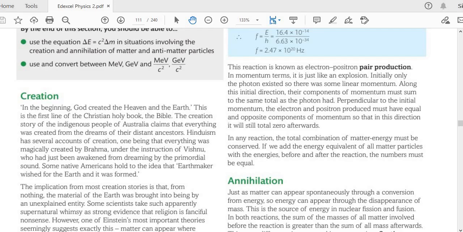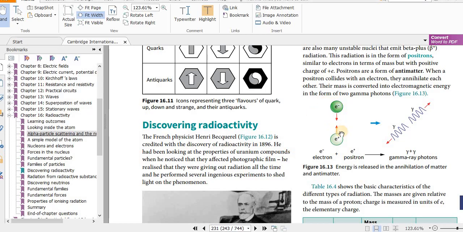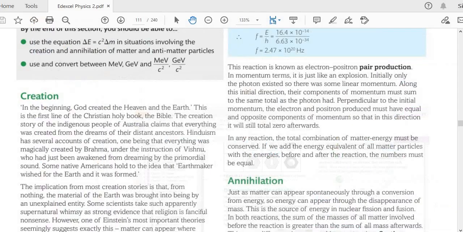If you see this diagram here, once they are produced, they should be traveling in opposite directions, so that the total momentum before is equal to the total momentum after. So in an explosion, the total momentum before the explosion has to be equal to the total momentum after the explosion.